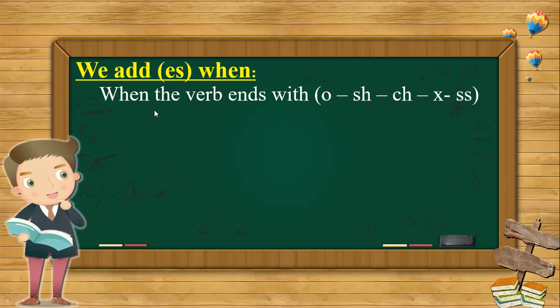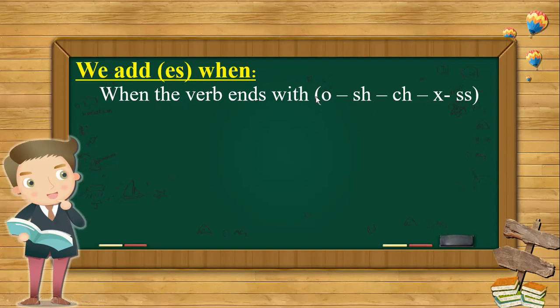Excellent, all of you. When the verb ends with o, sh, ch, x, ss, we don't put s, we add es to the verb, because these letters are friends of Mr. ES.